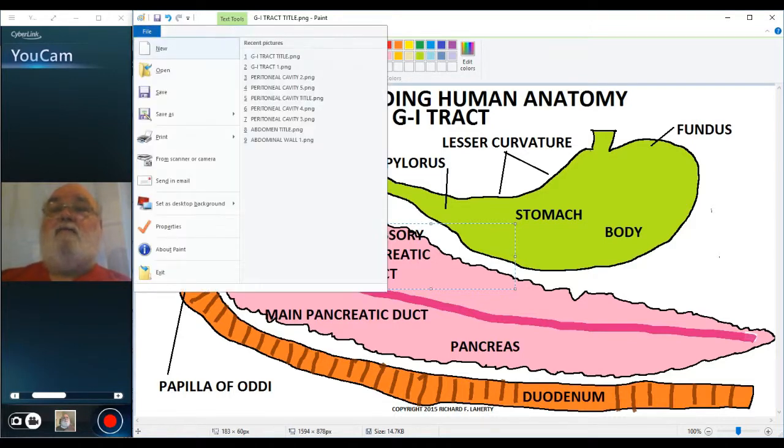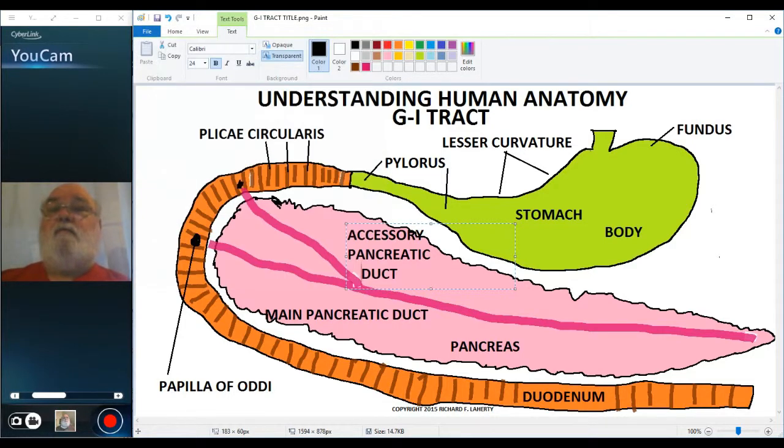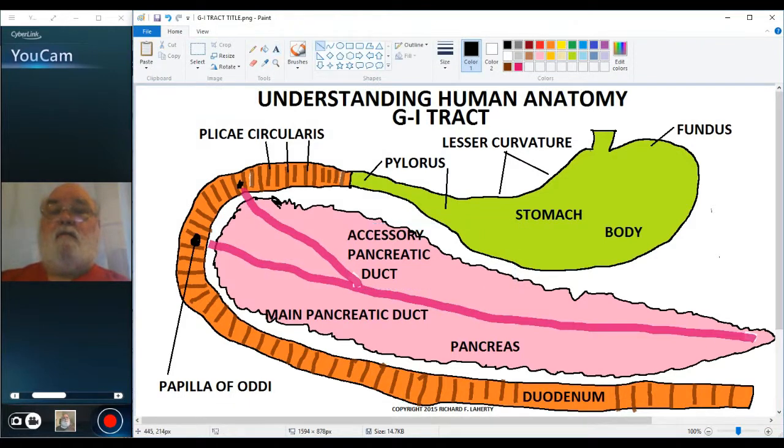So let me get the arrows drawn in. The accessory pancreatic duct and the main pancreatic duct.